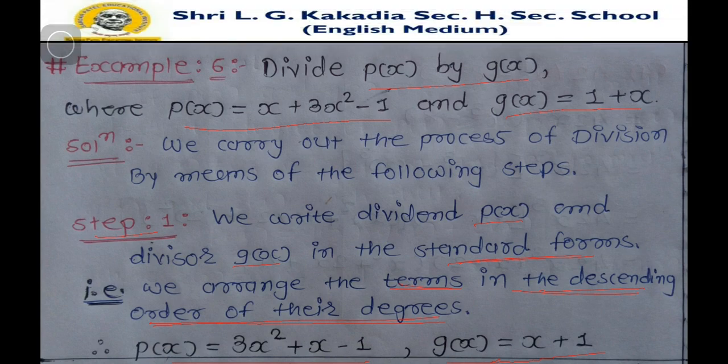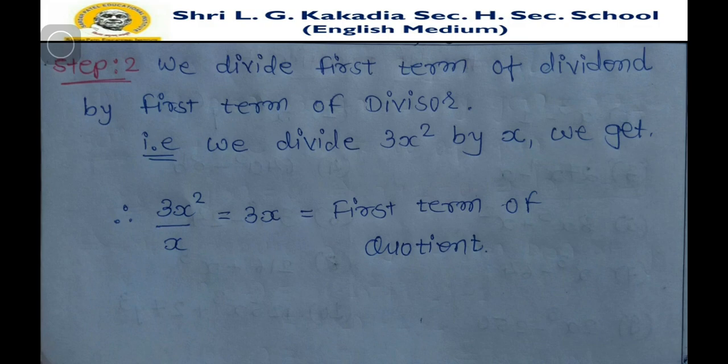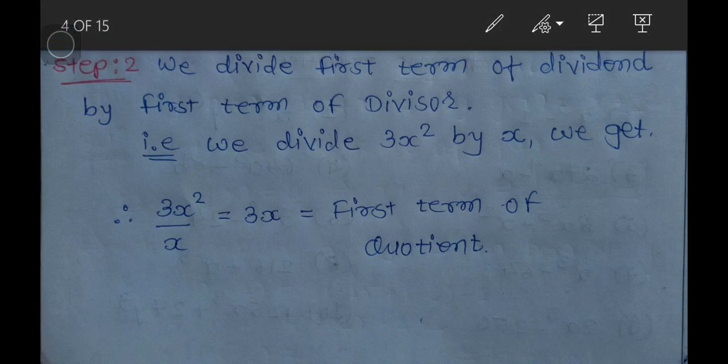Now let us go to our second step, that is after writing in standard form, we go to step number 2, that is we divide the first term of dividend. What is our dividend? p of x. So here we divide the first term of dividend p of x by the first term of divisor g of x.